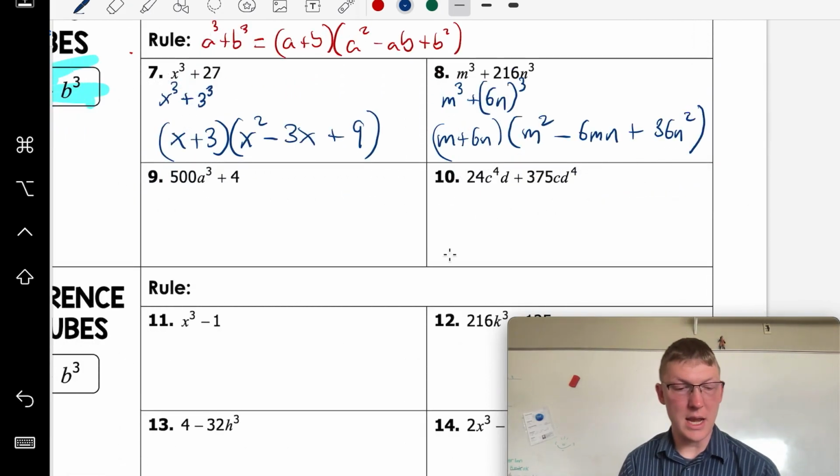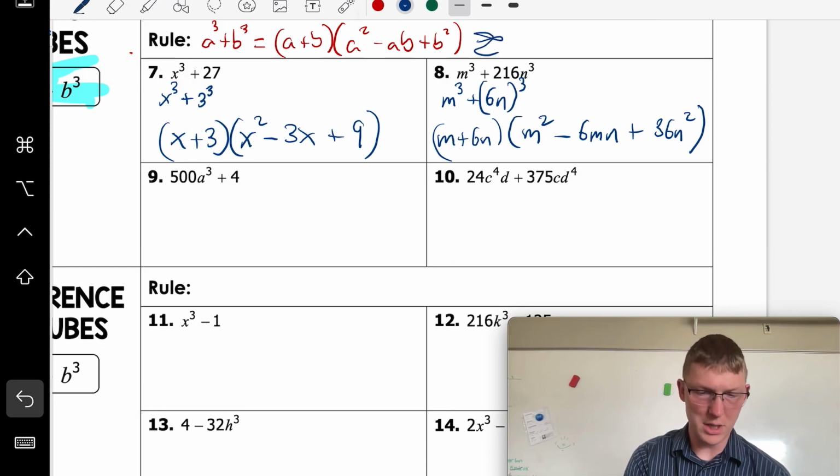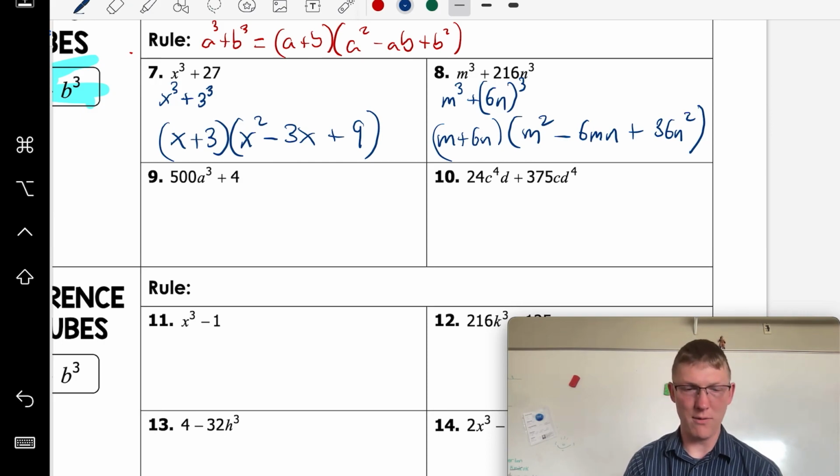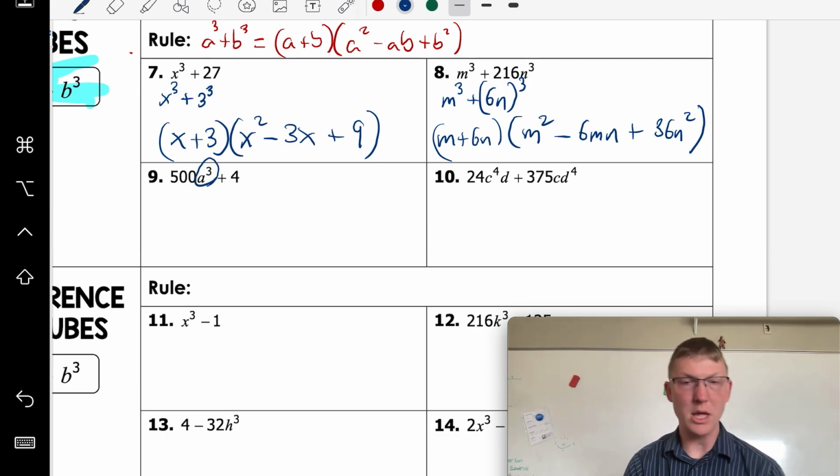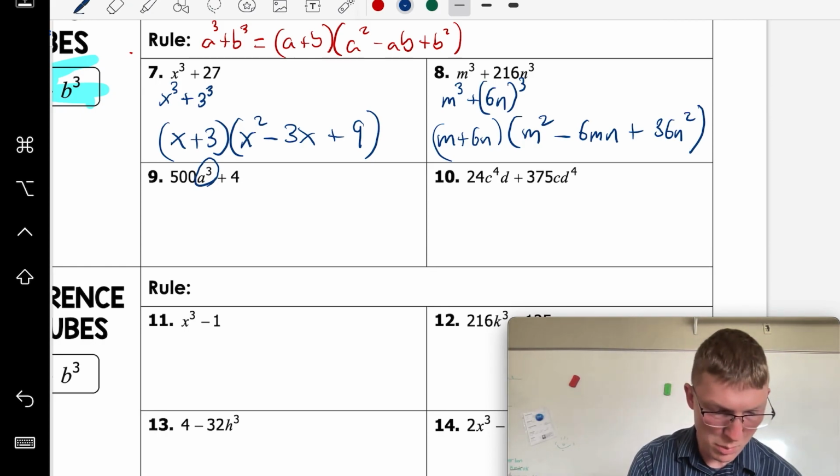Okay, so we're at 9 now. I intentionally left our rule on the screen so that we can reference it. Wow, 504. Ugh. So number 1, I do see a cubed, so I'm thinking sum of cubes, and it's in the sum of cubes section.